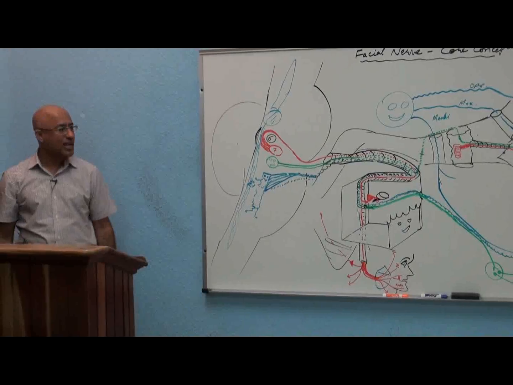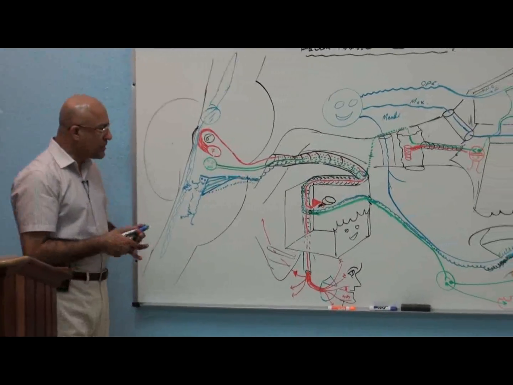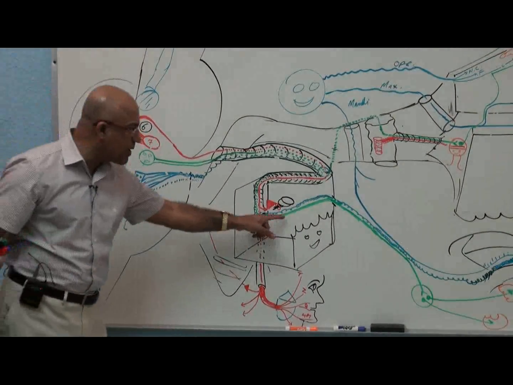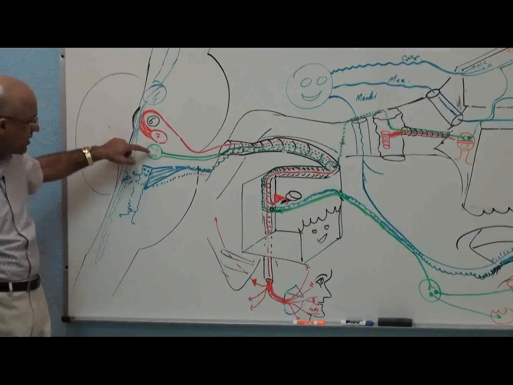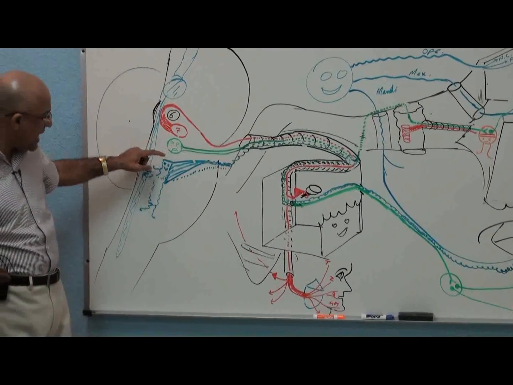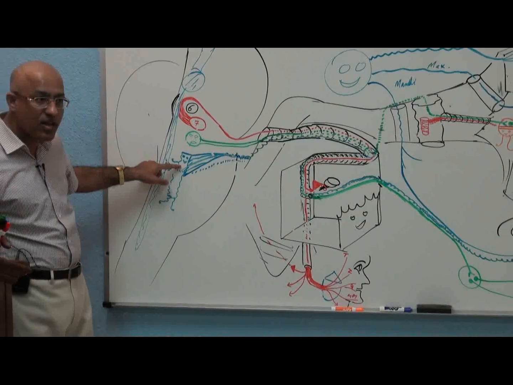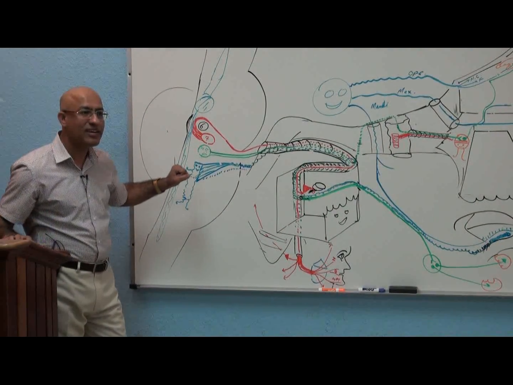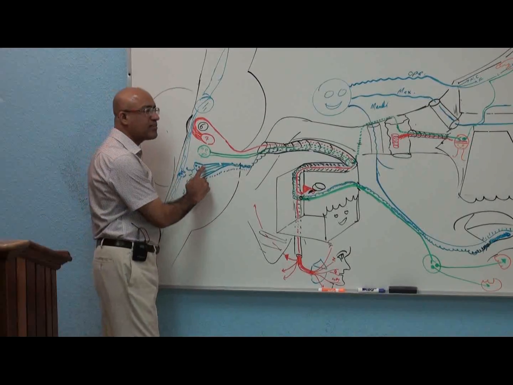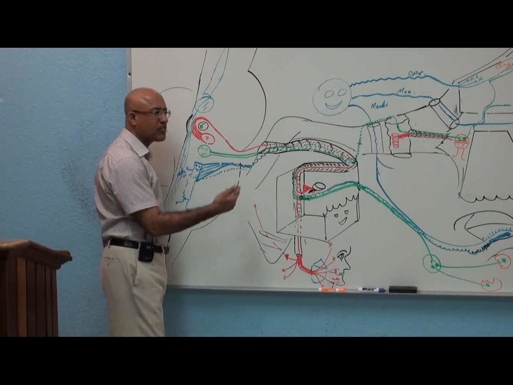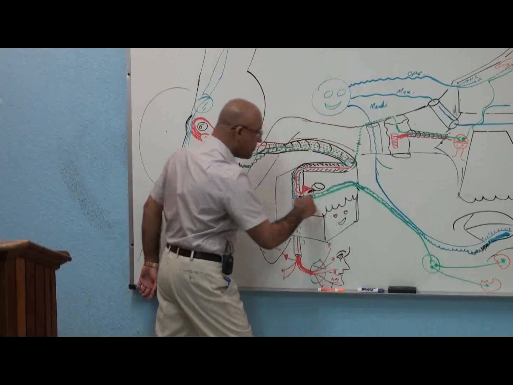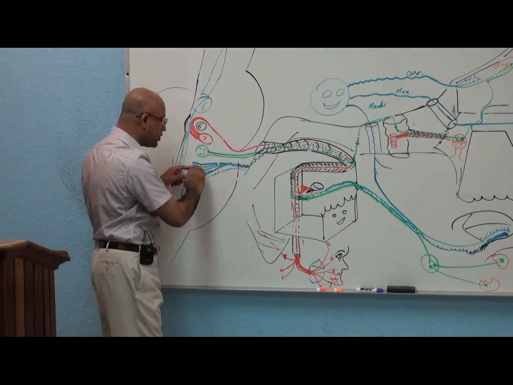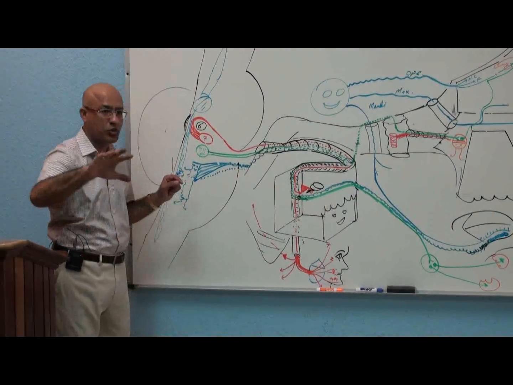So it means that the parasympathetic fibers for the salivatory pathway and the taste fibers have a little in common. Taste fibers are actually sensory fibers, so they should be explained from periphery to center, but I will do it from center to periphery just to make it easy for your mind.